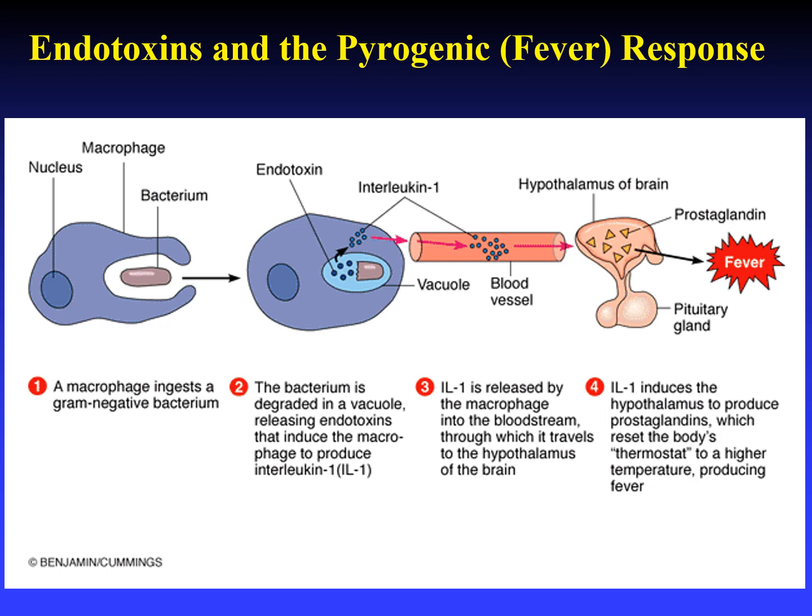Interleukin-1 is released by the macrophage into the bloodstream, through which it travels to the hypothalamus of the brain. Interleukin-1 induces the hypothalamus to produce prostaglandin, which resets the body thermostat to a higher temperature, producing fever. So this is the sequence of events leading to fever in the case of endotoxin.